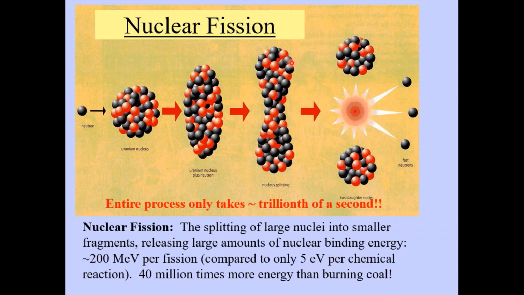Here we have a nuclear reaction that releases 200 million electron volts. That means this nuclear fission reaction is on the order of 40 million times more energy than burning coal. So this is the great promise of nuclear energy. The energy source has tremendous potential because there's so much energy trapped inside this nucleus.